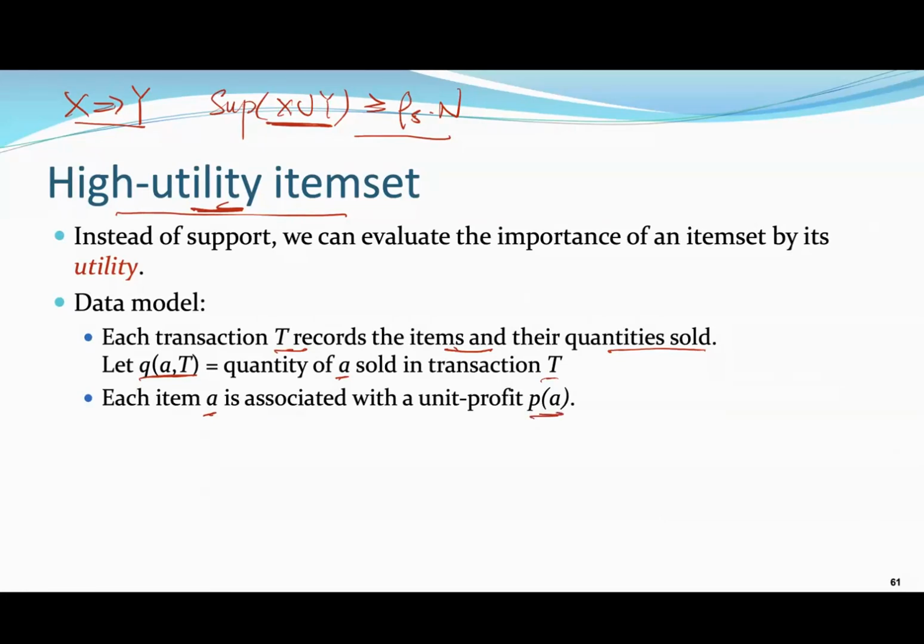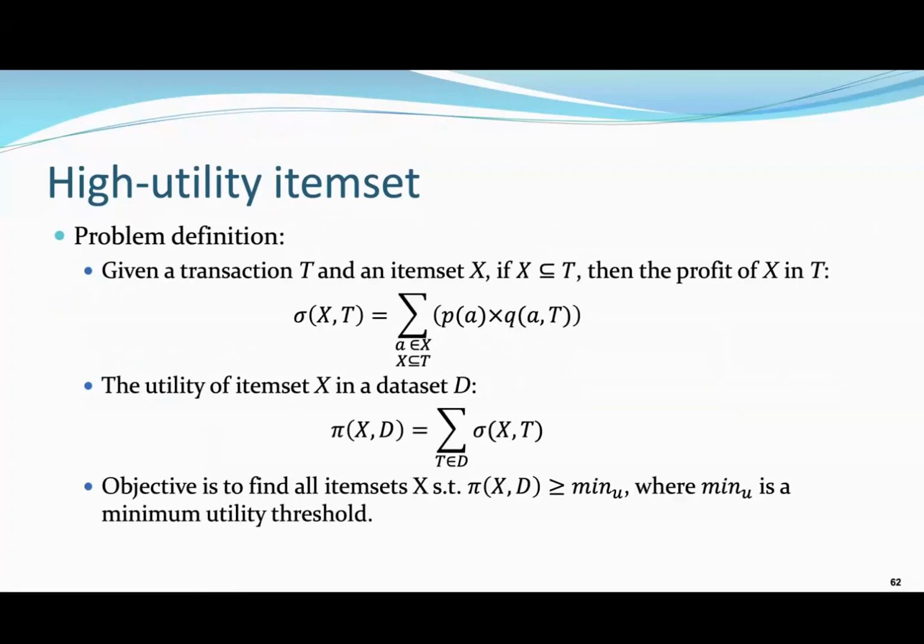The problem definition of high utility item sets, as opposed to frequent item sets, is this: given a transaction T and an item set X, if the transaction T supports X, that is to say all the items mentioned in X are present in the transaction, then the profit of this item set X by the transaction T is given by this formula. We use sigma(X,T) to represent the profit, which is quite easily understood.